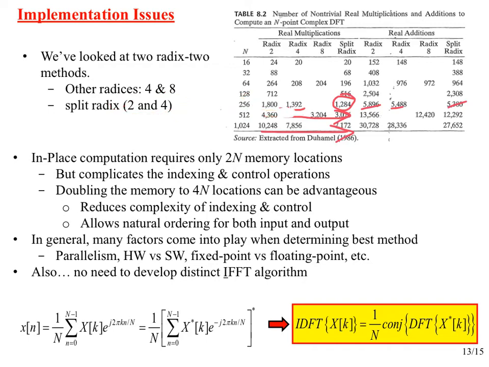So the original development was Radix-2. Then came this more generalized viewpoint with other radices. And then people came up with the split radix idea, and there are some other methods that don't even fit into this framework.